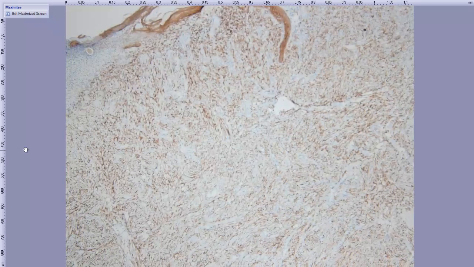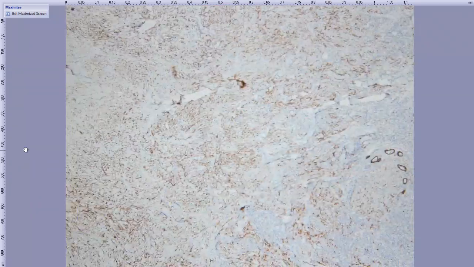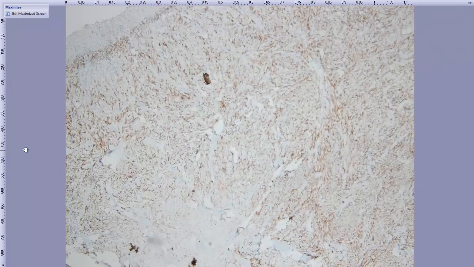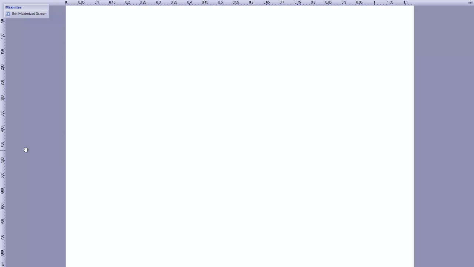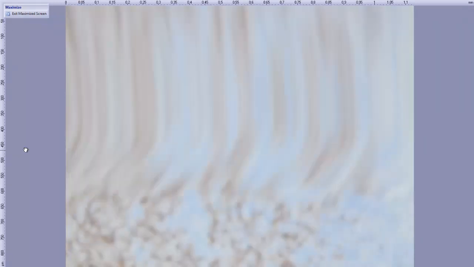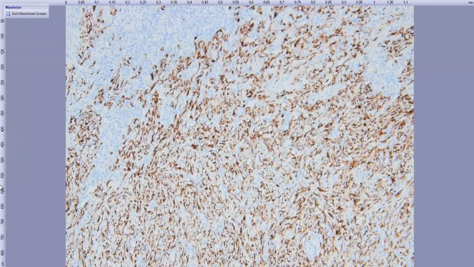Next, this is keratin, and the lesional cells diffusely express cytokeratin. And of course CAM 5.2 here. This is CAM 5.2.